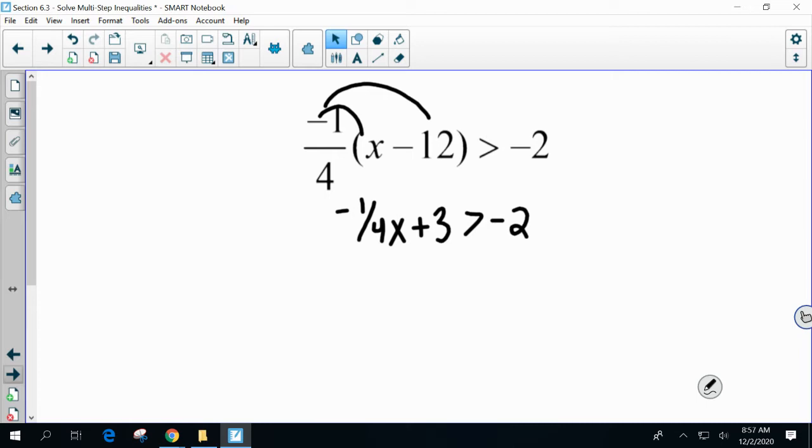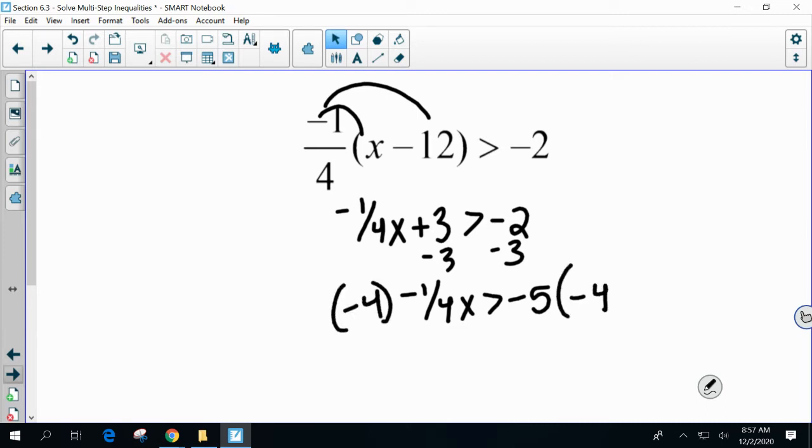So my next step would be minus 3. So negative 1/4 x is greater than negative 5. And then how would I get rid of that negative 1/4? Well, multiply both sides by negative 4. So now I'm going to have to flip my sign.